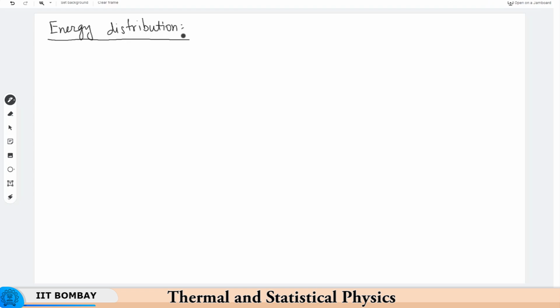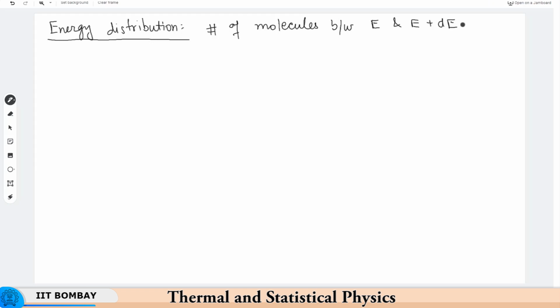But you can also ask the question, how many molecules are moving with kinetic energy between E and E plus dE? So how many molecules are there in this window? So basically what we are interested in is the number of molecules between energy E and E plus dE.